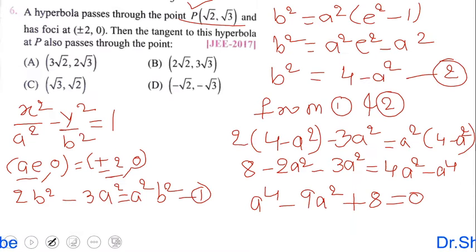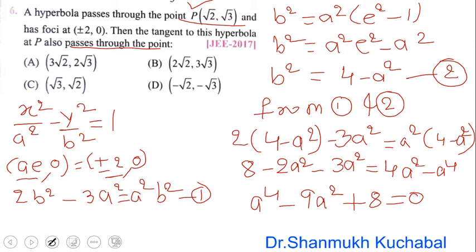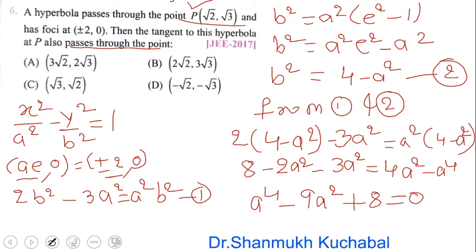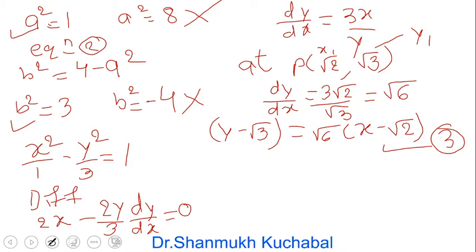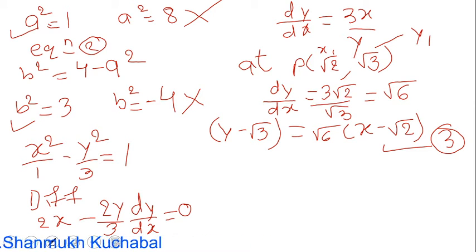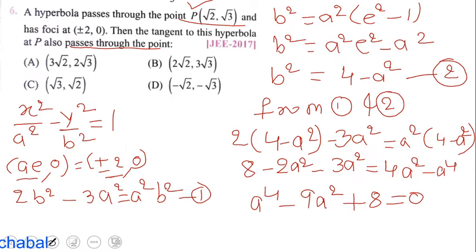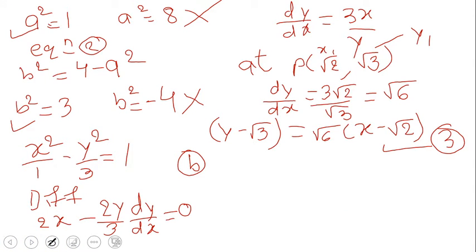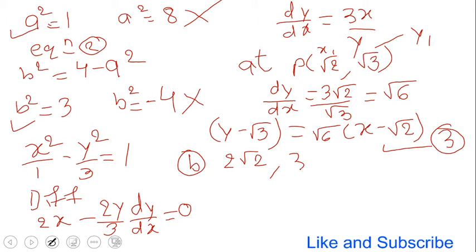Then which equation satisfies, passes through the point? Then x I take as 3 root 2 in option A, and y as 2 root 3. So we are not going to get LHS equal to RHS. But if you see option B, the x coordinate we take as 2 root 2, and the y coordinate is 3 root 3.